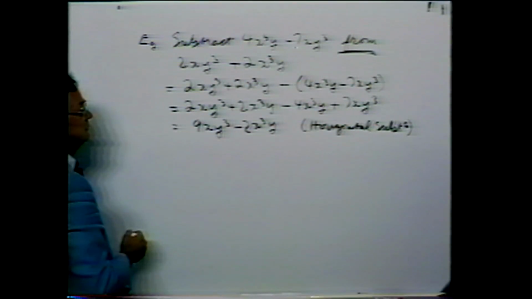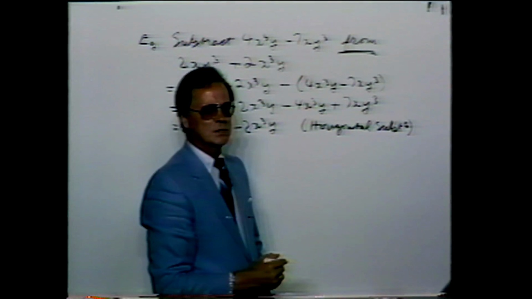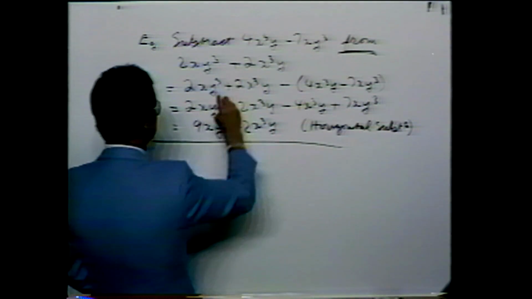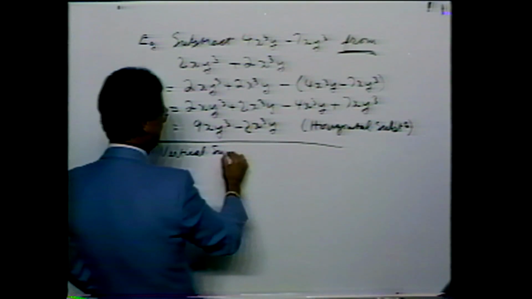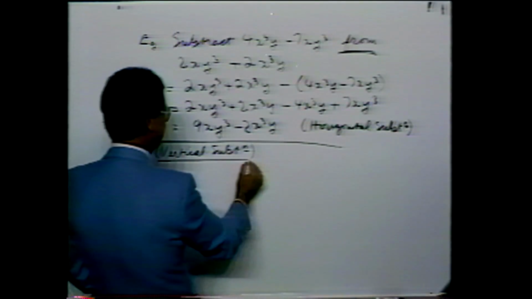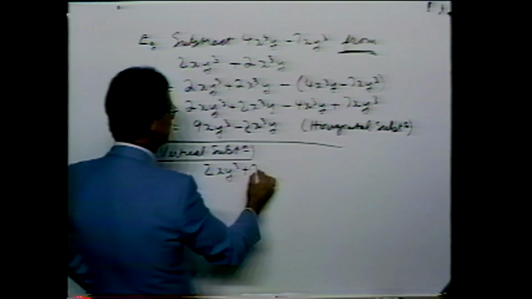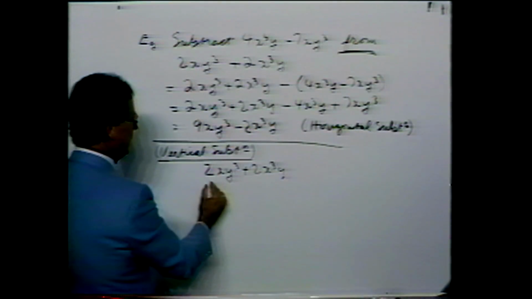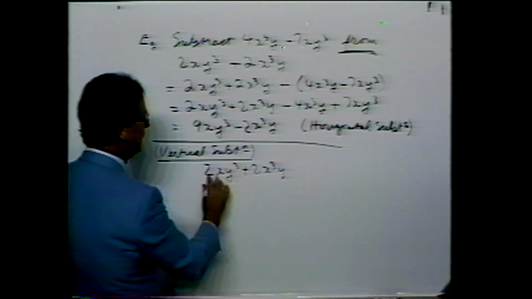To compare this to another way of subtracting, which is called vertical subtraction, for subtracting this from this, in vertical subtraction, we want to write 2xy cubed plus 2x cubed y first, followed by 4x cubed y minus 7xy cubed underneath.